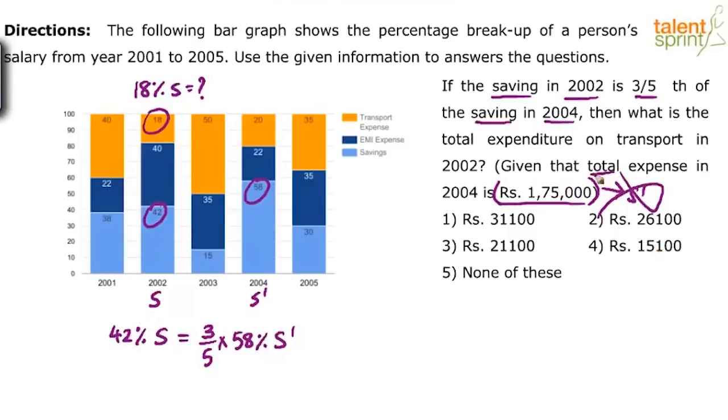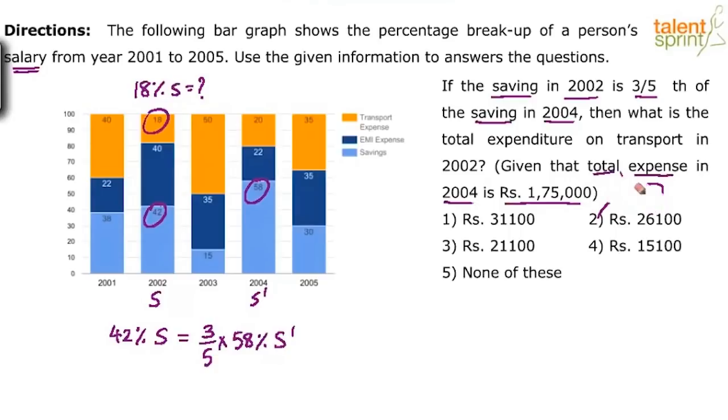Understand, it is not the total salary of 2004. Remember that the graph here talks about the breakup of a person's salary. So here we are talking about the total salary. But 1,75,000 is the total expense of 2004.